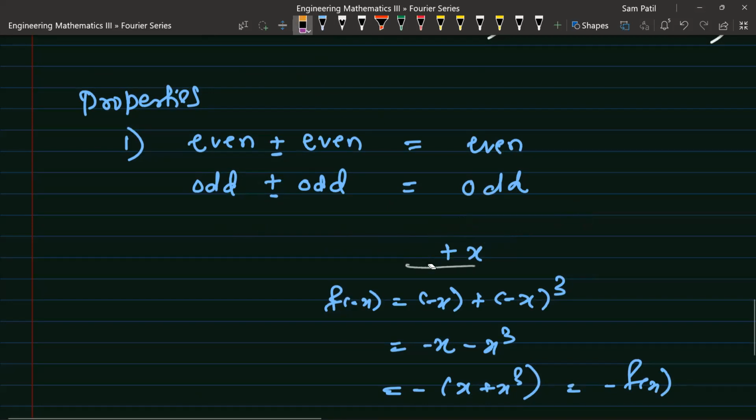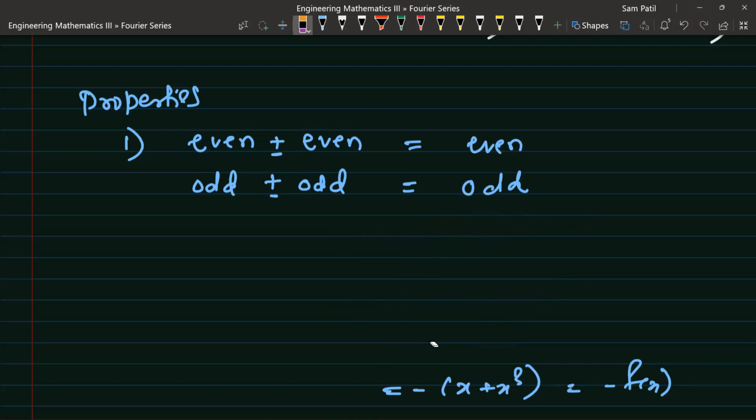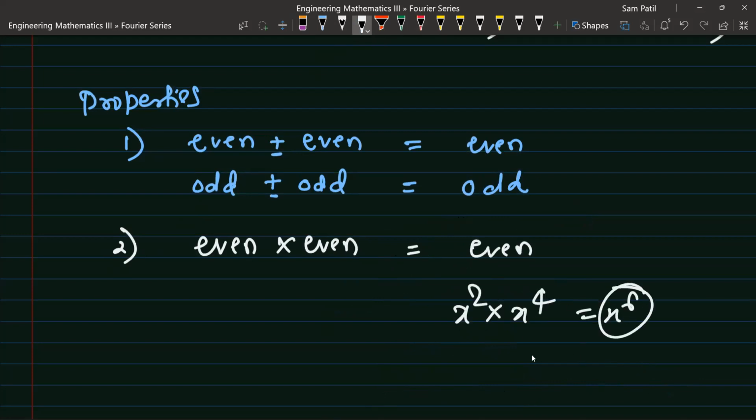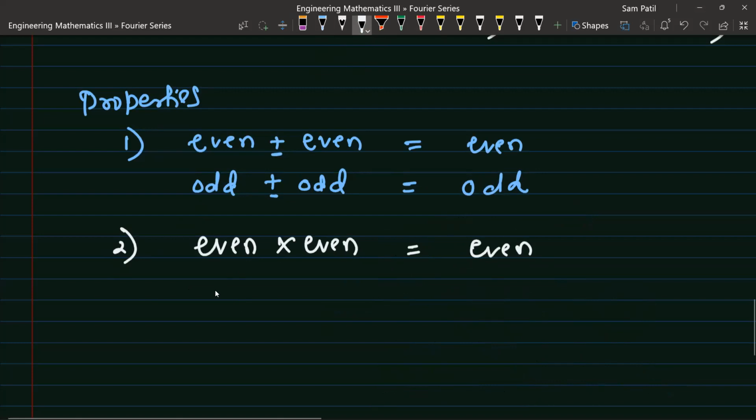I think you are getting confused with addition and multiplication, so let me explain the second rule also. If I take an even function and multiply it with any other even function, what do I get? Even into even is even. For example, x square into x raised to 4 gives x raised to 6, which is again an even function. Second, if I take any odd function and multiply it with any other odd function, what do I get?